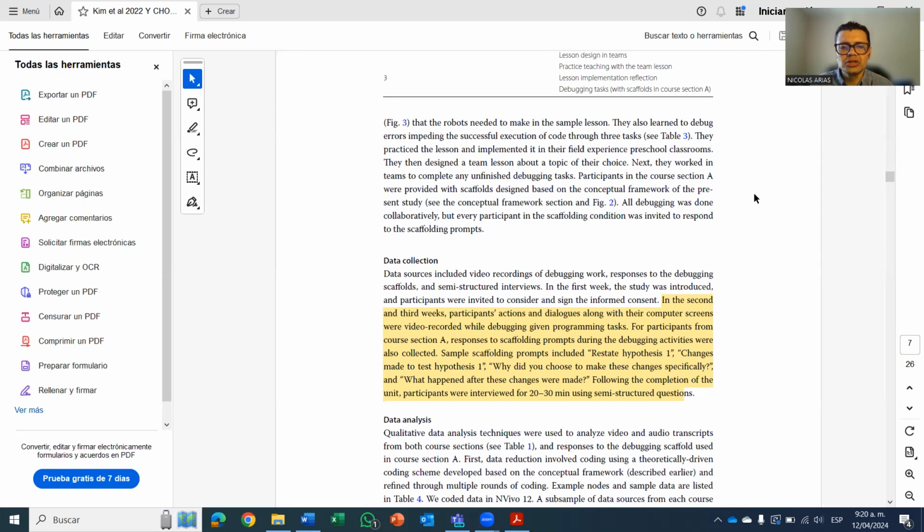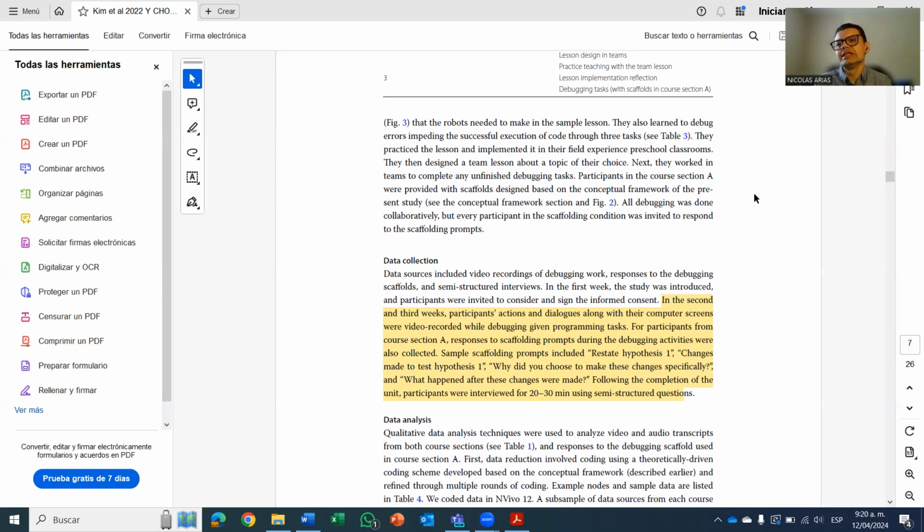Following the completion of the unit, participants were interviewed for 20 or 30 minutes using semi-structured questions. This is important because they are showing here that they are doing mainly two actions. One is about their debugging, following and tracking the screen, what they are doing given the prompts.